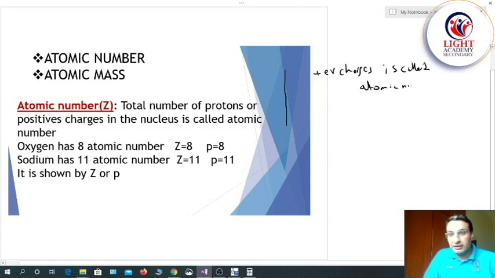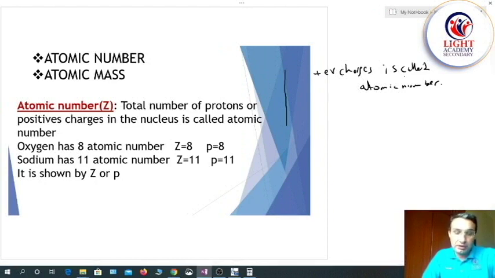We know that protons or positive charges are fundamental particles of an atom. That's why these positive charges are available in every nucleus of an atom. So the total number of these positive charges is called atomic number.